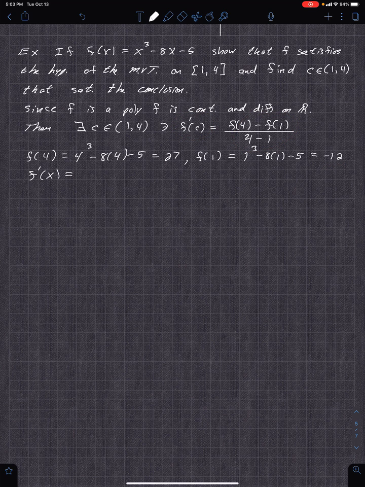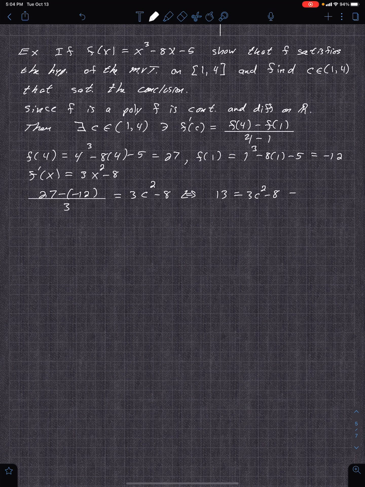So f prime is 3x squared minus 8. And so then we have 27 minus negative 12 all over 4 minus 1, which is 3, equal to 3 times c squared minus 8. And then we evaluate that. So do the little calculation here and solve.